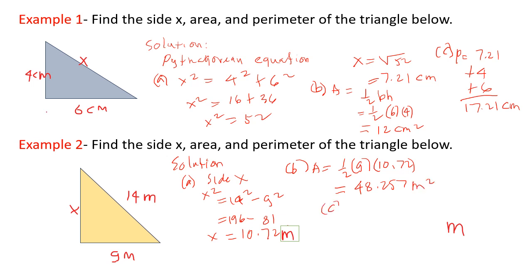For letter C, perimeter equals 9 plus 14 plus 10.72 equals 33.72.